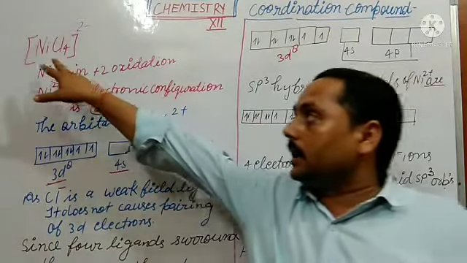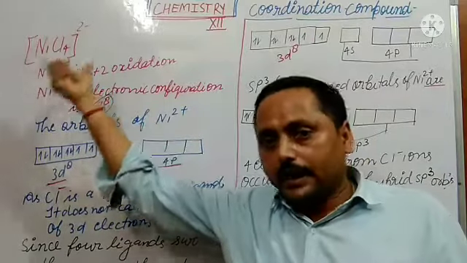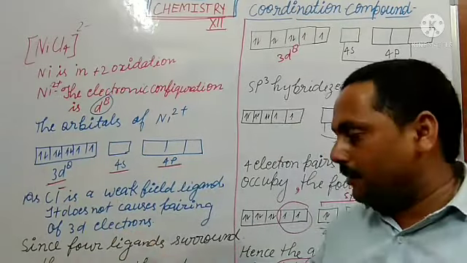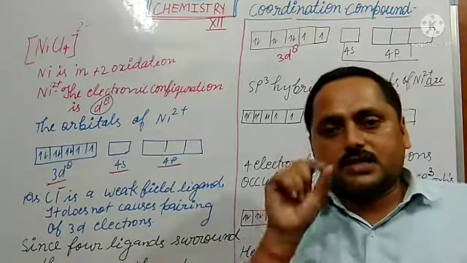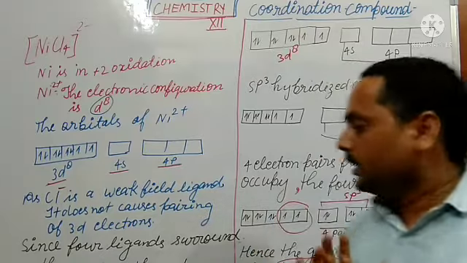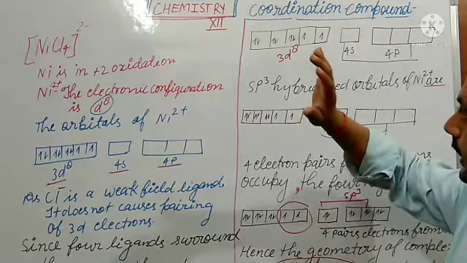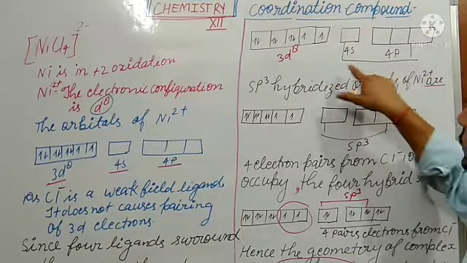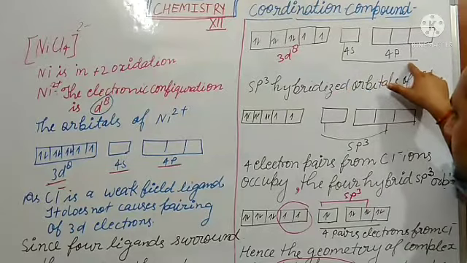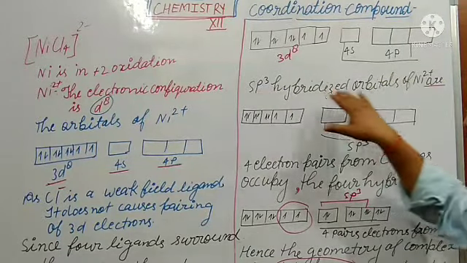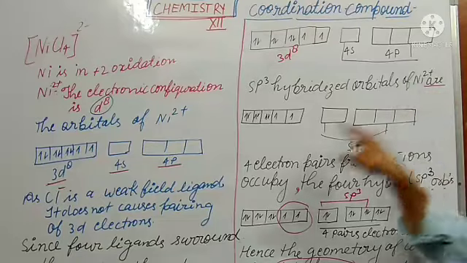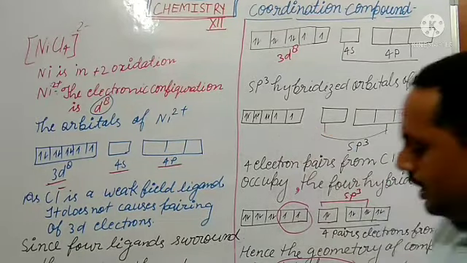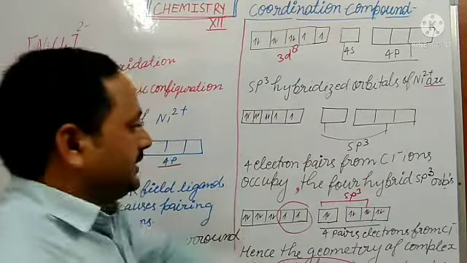Since the central metal ion is surrounded by 4 ligands, the possible hybridization is sp3. In sp3 it uses 4s and 4p, meaning 1 s orbital and 3 p orbitals, giving sp3 hybridized orbitals of Ni2+.